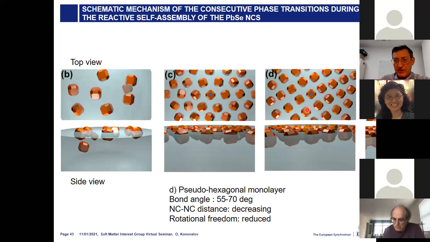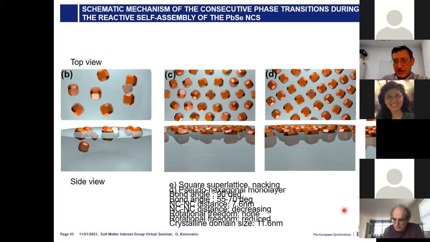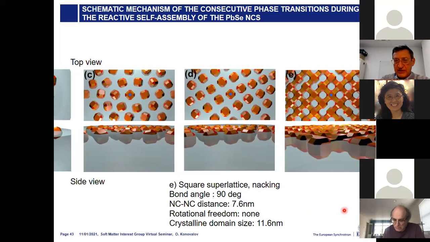This helps to freeze the rotational degrees of freedom a little bit, and then they go from hexagonal to first a distorted cubic or square lattice. And at the end of the process, they all organize in the same manner, well oriented with the 100 plane, in this case upwards, and then they create a necking.